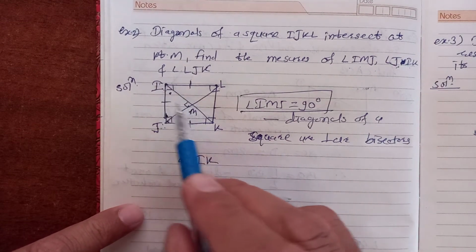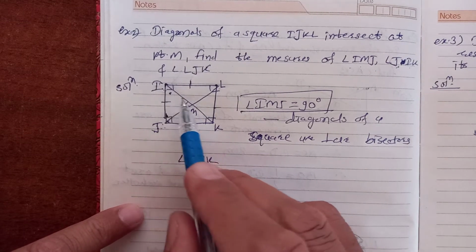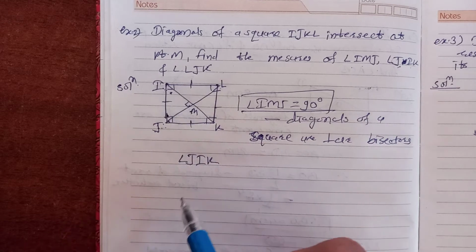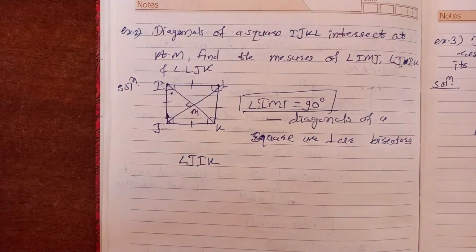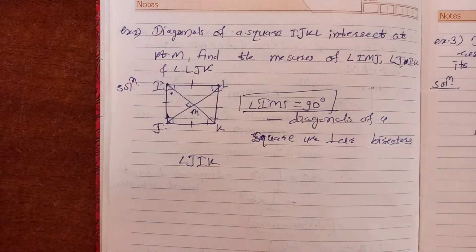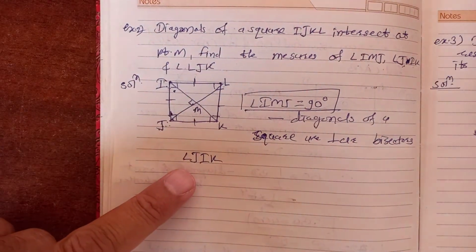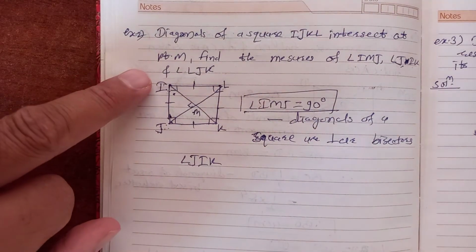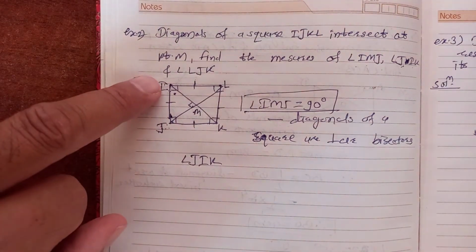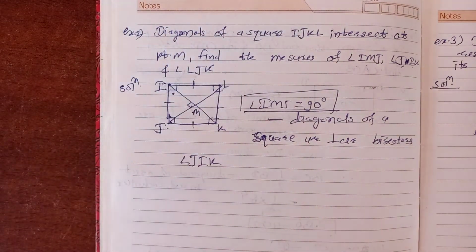So this one is 90, then it intersects, it bisects. So what is the measure of this angle? So we have to find ZIK, this angle we have to find. Just think what is the answer of this one. Just think and try to find.